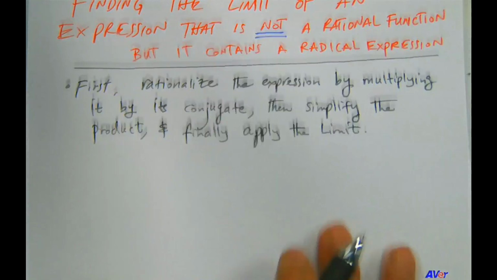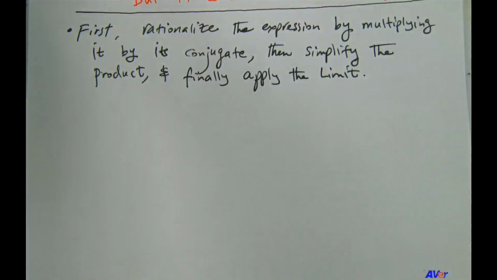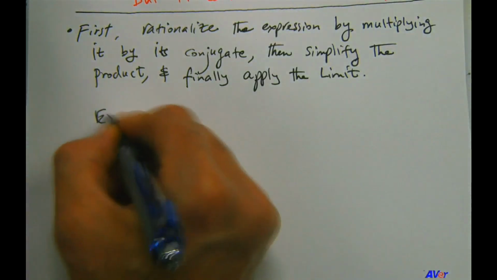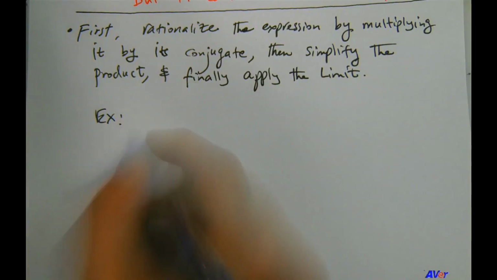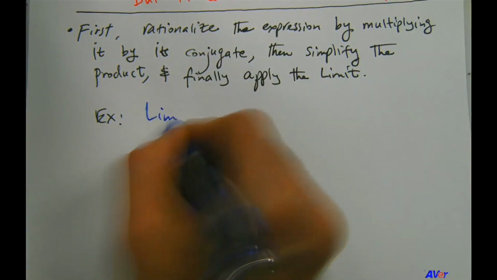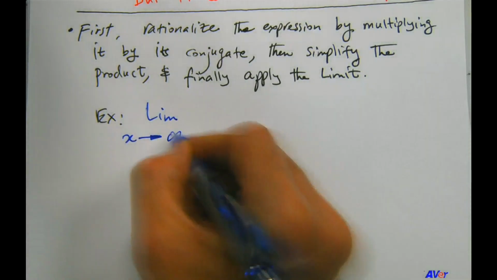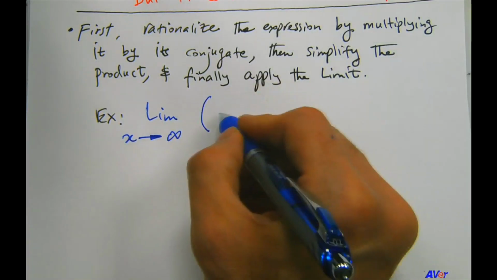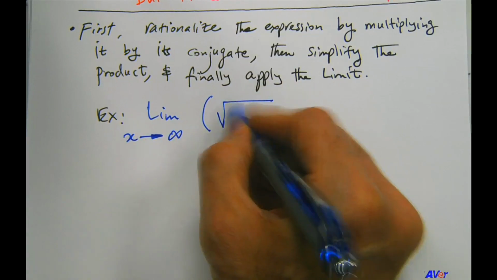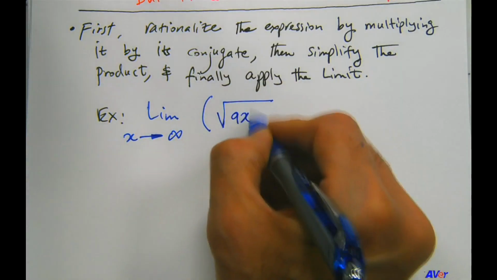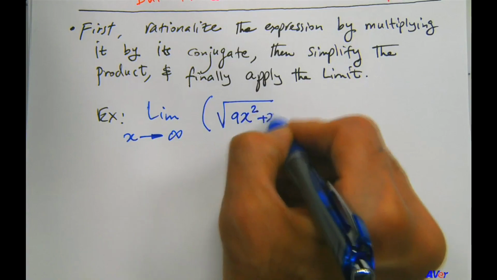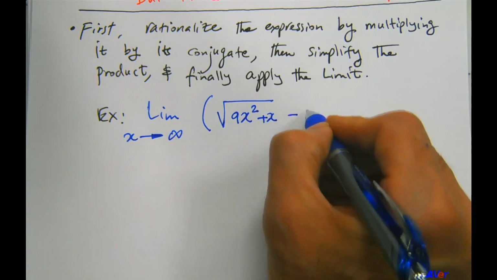So let's jump to an example of this kind. Suppose we want to find the limit as x approaches infinity of this expression, square root of 9x squared plus x minus 3x.